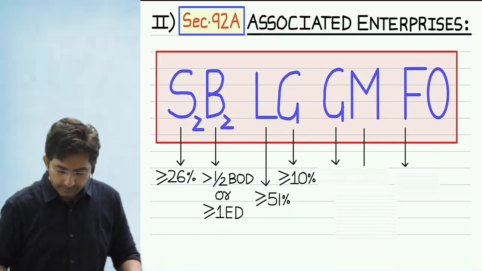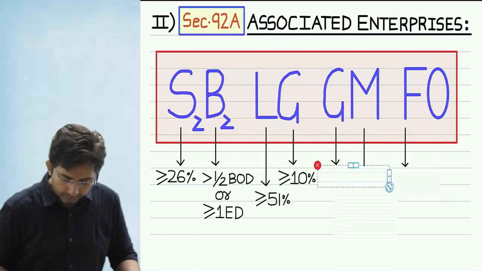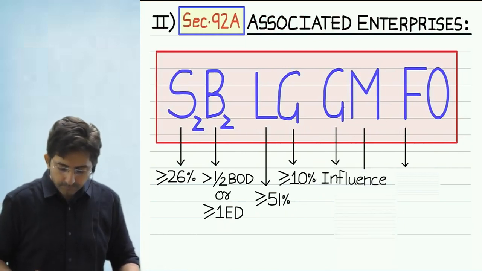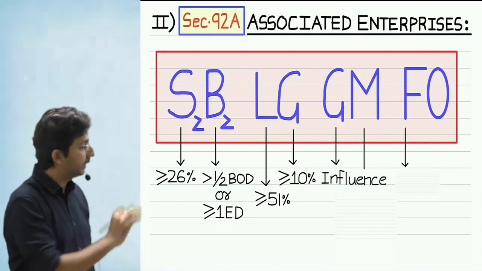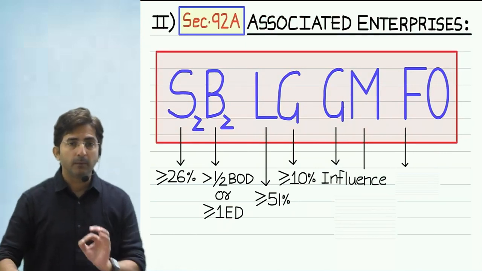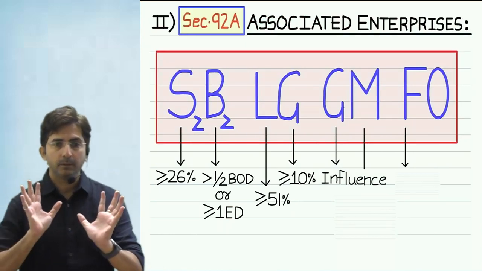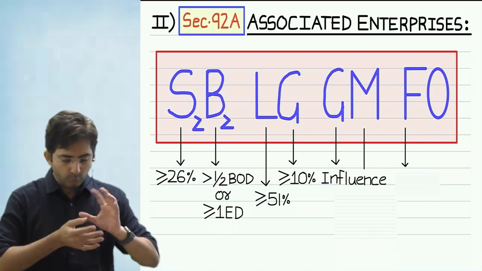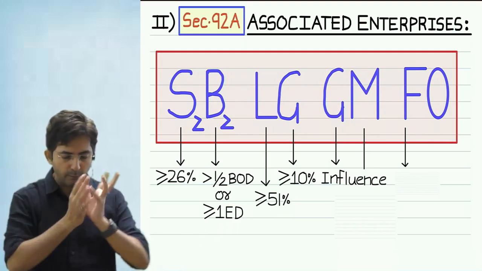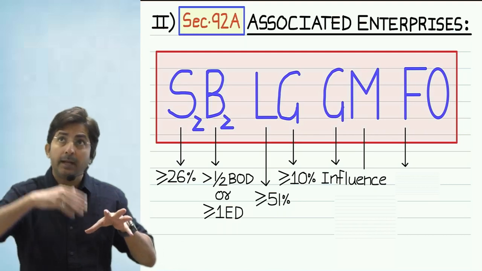So this was G. See how I have written here. Did you see the main word, influence? Repeat once for the last time. Look at this. Goods manufactured. You should remember with action. Goods manufactured means I am Y Limited and the other company is Nike.